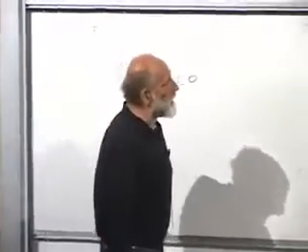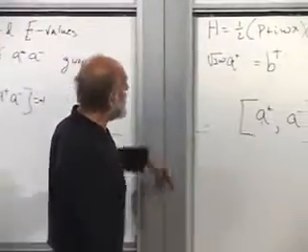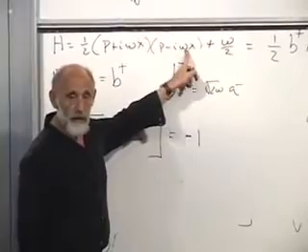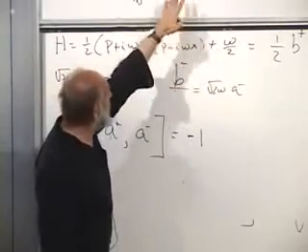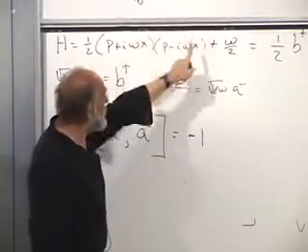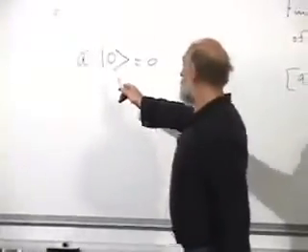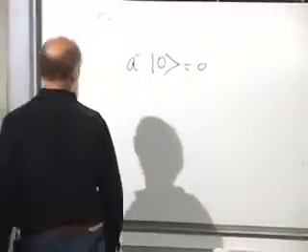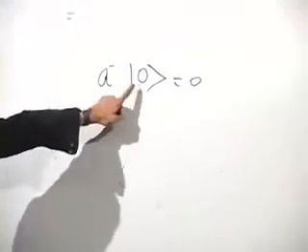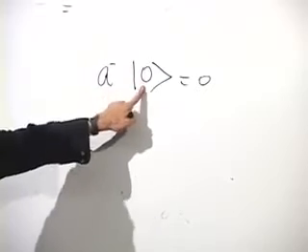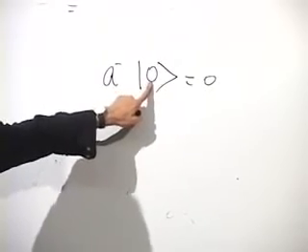That was just this little calculation where we took P minus i omega x and multiplied it by e to the minus omega over 2 x squared. We got 0. So A minus on the ground state is equal to 0. That's the first fact. Incidentally, this does not represent the eigenvalue of the energy.